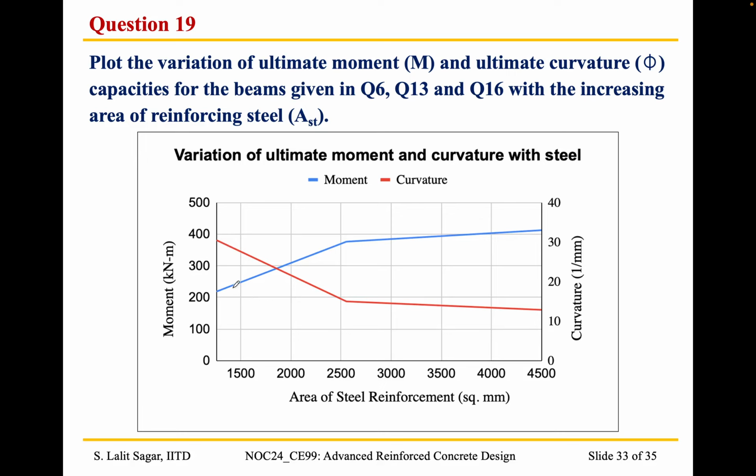The moment value might increase, but we also need to consider the curvature value, which is equally important, and which is reducing as we increase the steel reinforcement. So we always need to achieve some kind of parity, and when we are designing for resilience against disaster, the better the curvature of the beam, the more desirable is its performance.